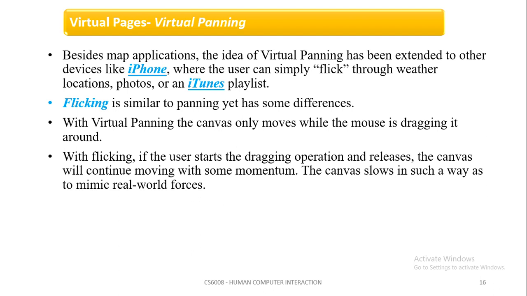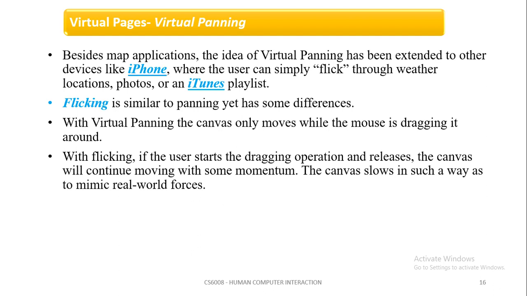So that is flicking, and though it has some similarity with panning, there are also differences. With visual panning, the canvas only moves while the mouse is dragging it, but with flicking, if the user starts the drag operation and releases, even after release the canvas will continue to move with some momentum.